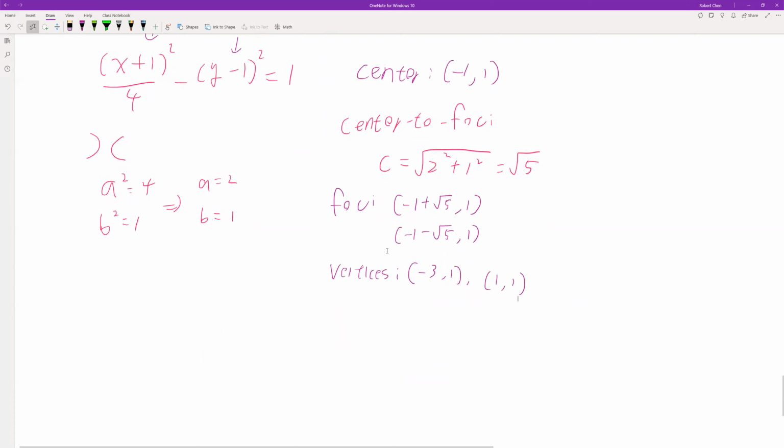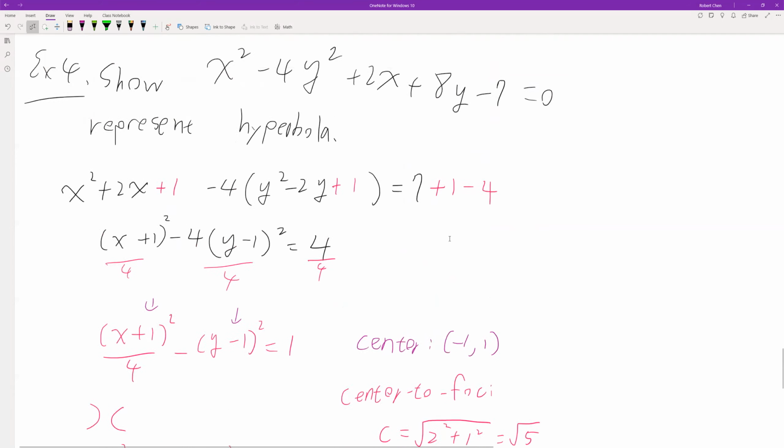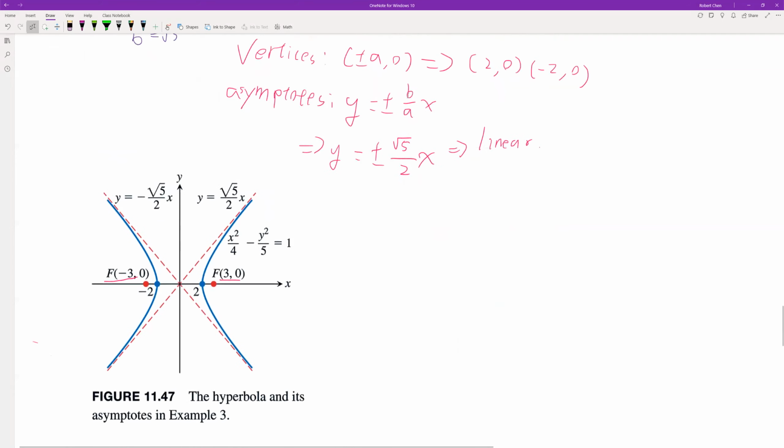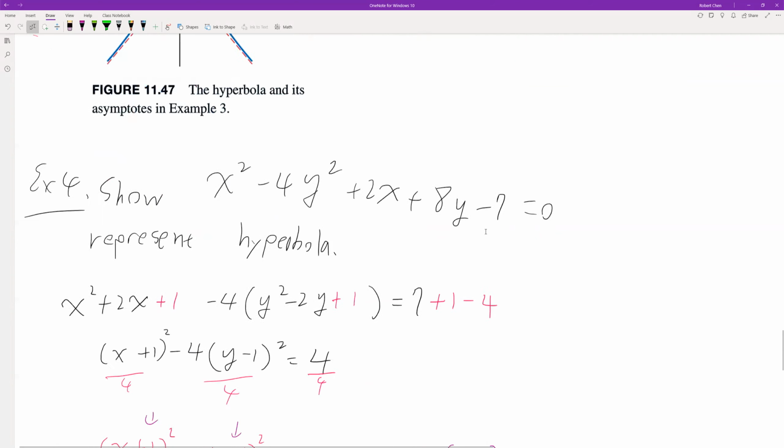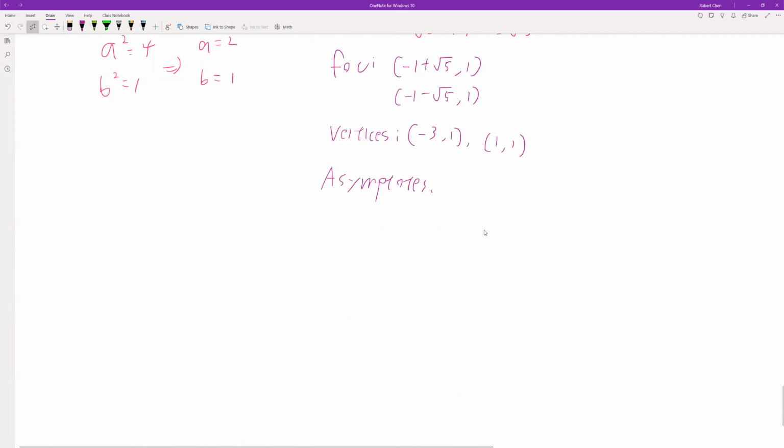Okay, and we also need the asymptotes. Asymptotes also have the same formula, plus or minus b over a x, which will be plus or minus b over a, that's 1/2 x. Okay. All right.